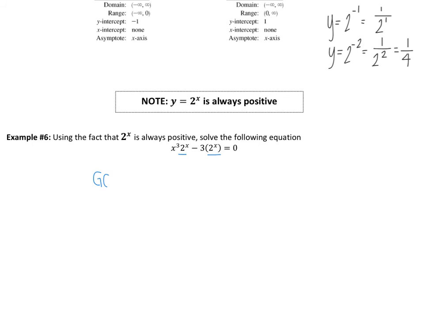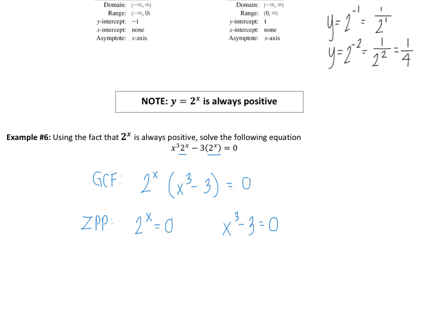I can do a nice GCF action. Take the 2^x out. What's left over would be x cubed minus 3, and that equals 0. I have a nice product that equals 0, so a nice zero product property. I can set 2^x equal to 0 and set the next term equal to 0.